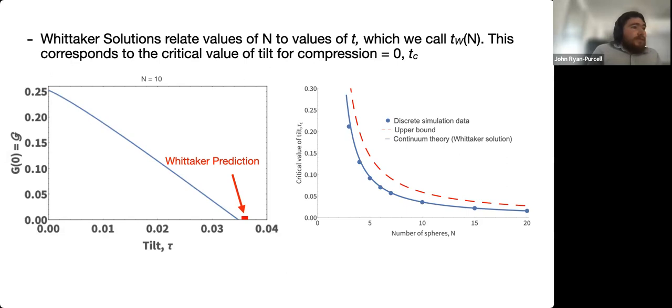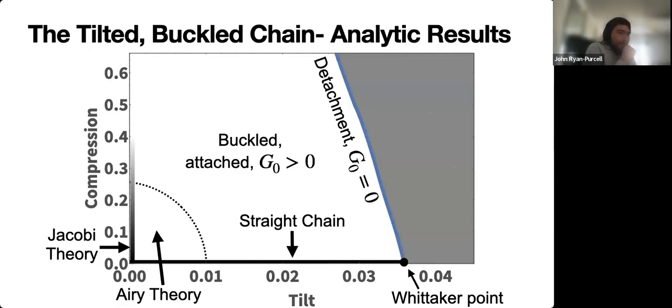To sum all of this up and talk about the regions where all of these relate to one another, we have here a plot of compression versus tilt. These buckled structures all exist to the left of the blue line. Of course, the Jacobi theory is all for tilt equals 0, and so exists primarily on the y-axis. The Airy theory for small compression and small tilt exists in a region around the origin.